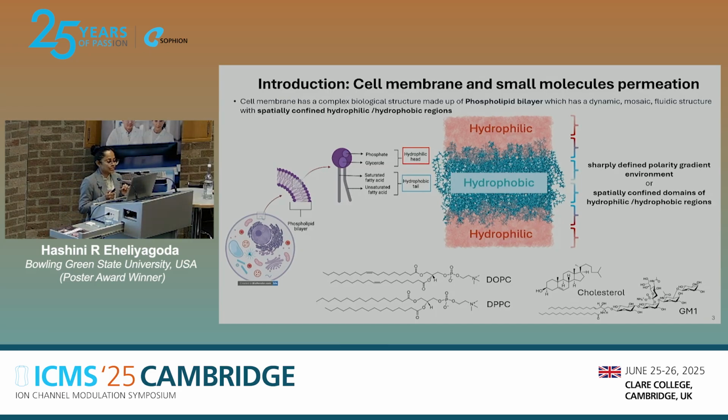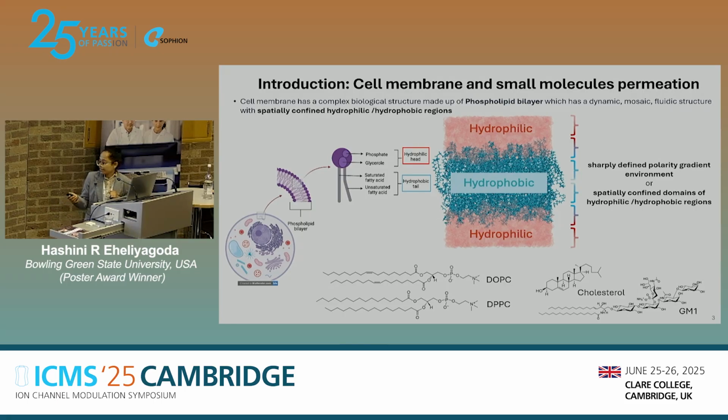Quickly, I will tell you some information about the cell membrane. We already know that the cell membrane has a complex biological structure which is made up of a phospholipid bilayer. These are some examples of lipid structures.